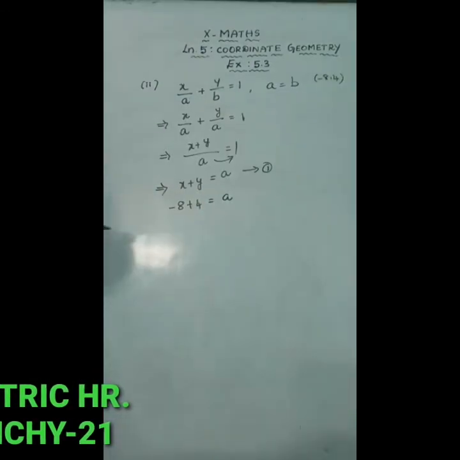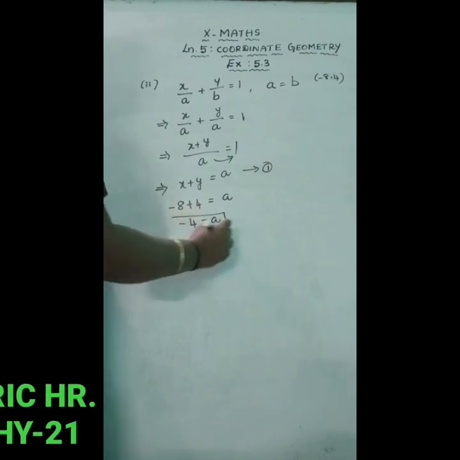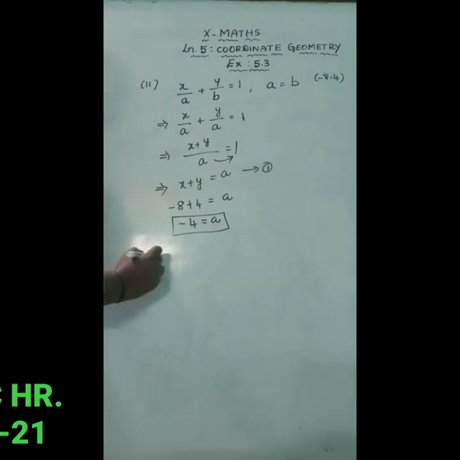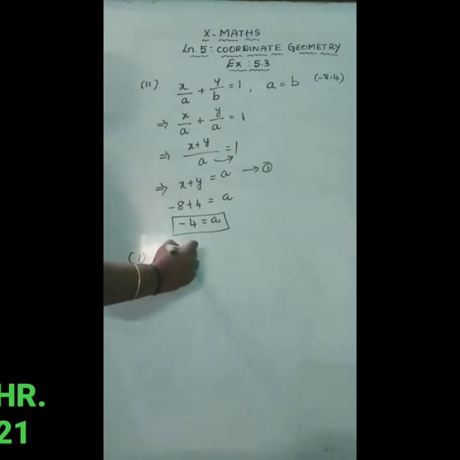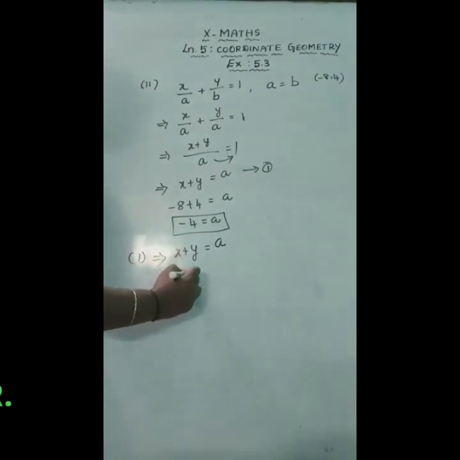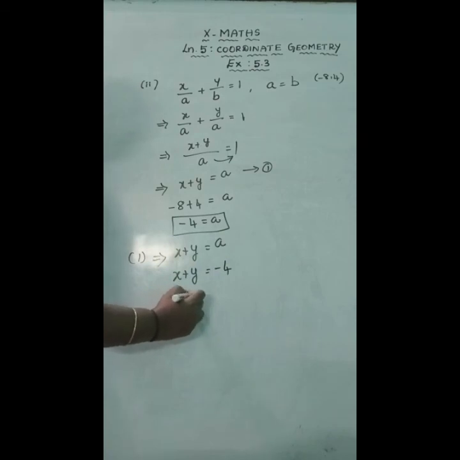Then minus 8 plus 4 is minus 4, equal to a. So the value of a is equal to minus 4. So in the first equation, x plus y equal to a, substitute the value of a: x plus y is equal to minus 4, then x plus y plus 4 equal to 0. So this is the required equation.